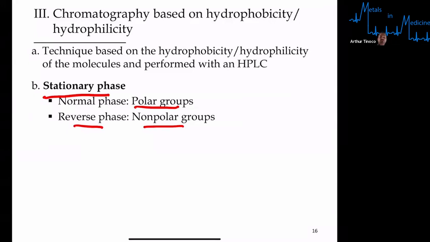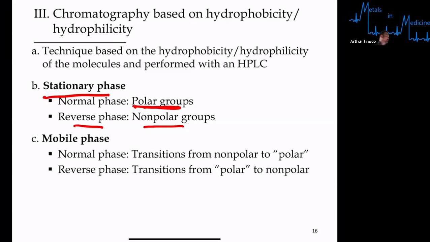So if you have polar groups as in normal phase, you're going to be attracted to things that are polar. Versus on the reverse phase, you're going to have non-polar groups which will be attracted to things that are non-polar. Okay, that's that rule of affinity that we've learned before, that like things will prefer to interact with like things. Just like we talked about hard soft acid base theory, the same thing applies here.